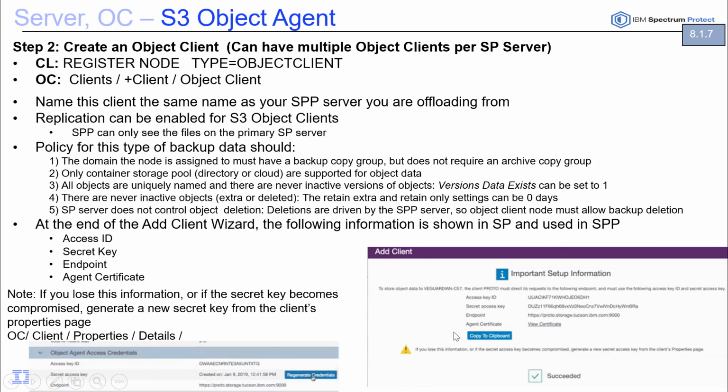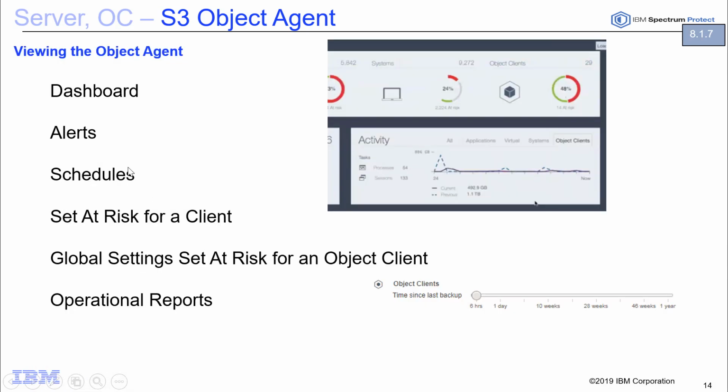If for some reason you lose this information or close out the screen or it becomes compromised, you can generate a new secret key from the client's property pages, and you'll see that here where you can regenerate the credentials. Other things you can do with the object agent: on our Operations Center dashboard, you'll now see us reporting on the object agent status.